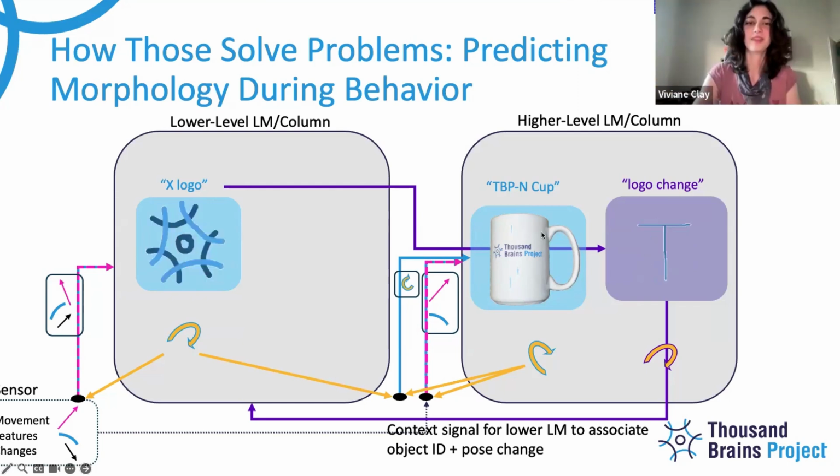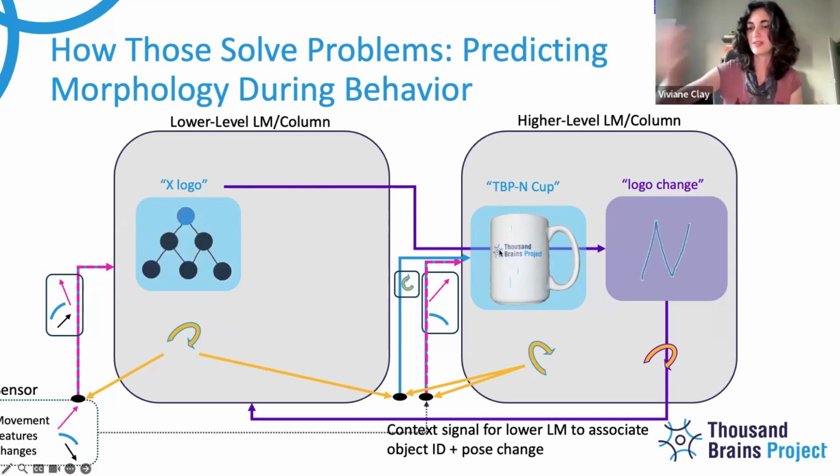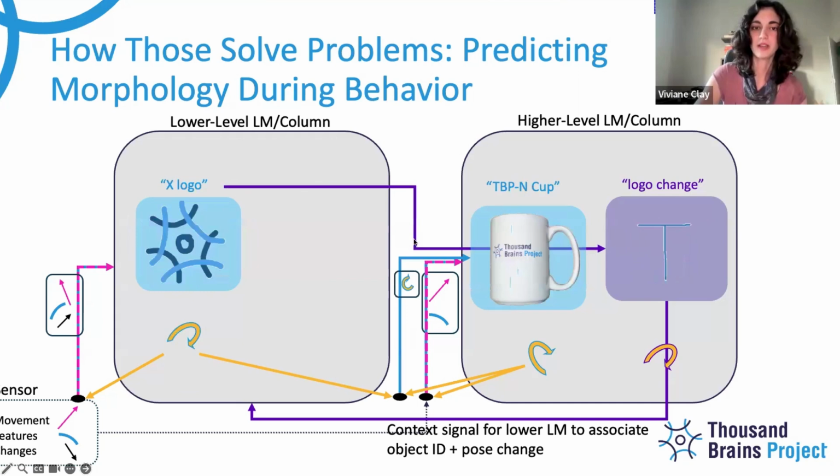Basically, there's this TBP cup that has this specific behavior where the logo keeps switching back and forth. Whenever the logo changes, that means that the object ID feature that's coming into the higher level column is changing. So that needs to be routed to the behavior model.